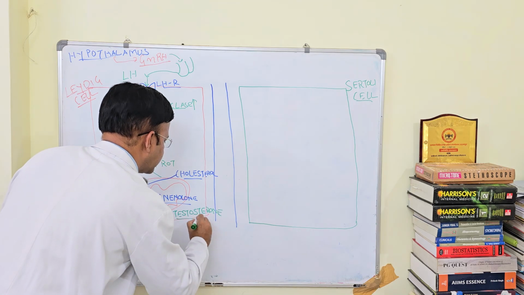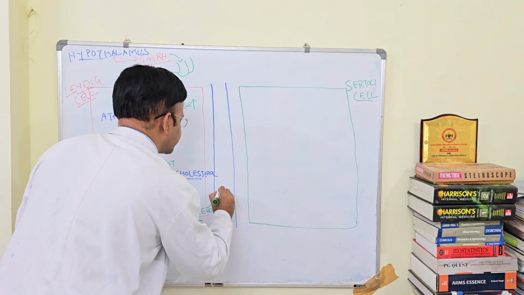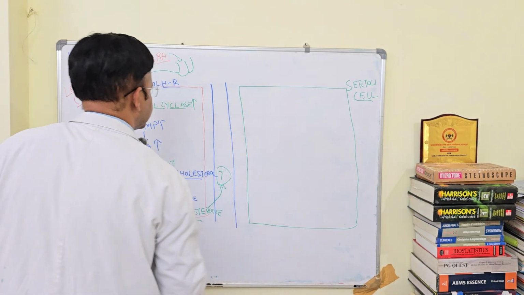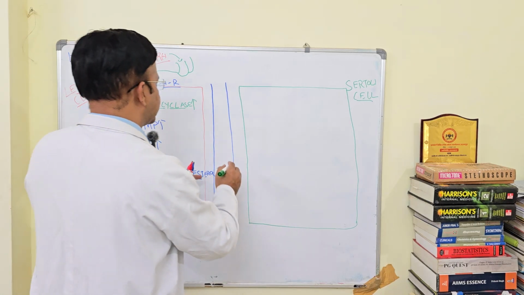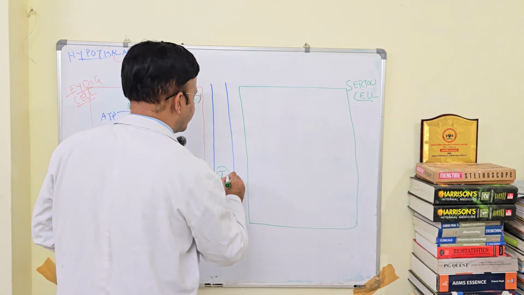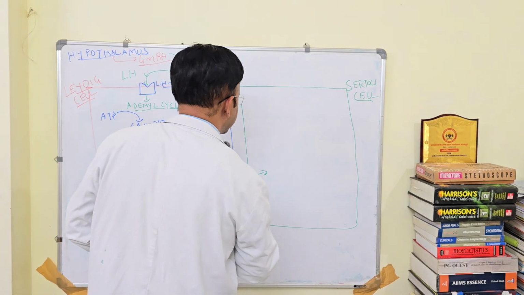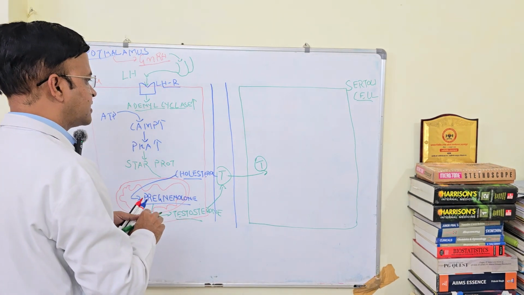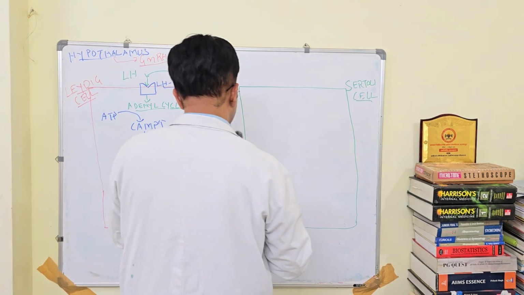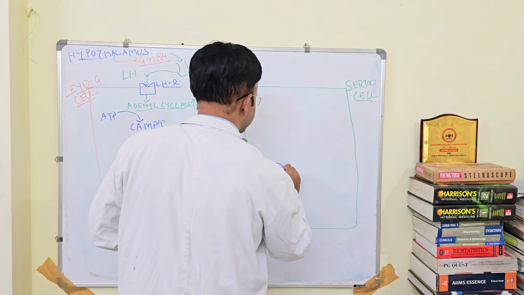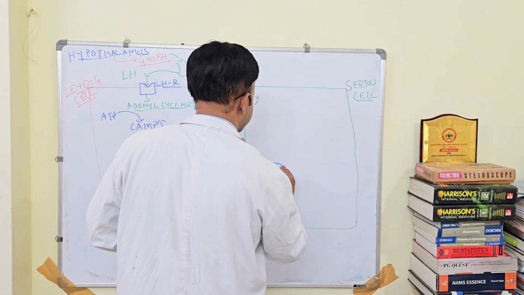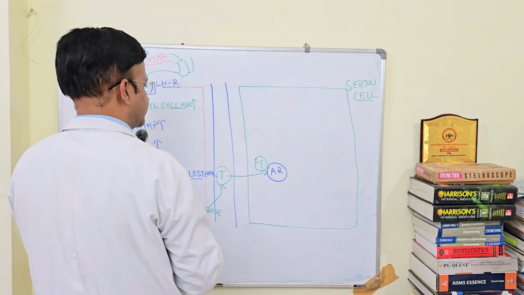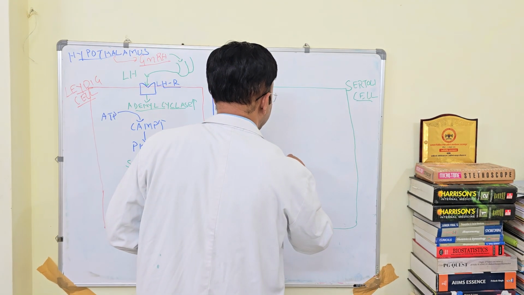This testosterone, written in short form as T, will reach your capillaries, and due to the high concentration over here, it is going to diffuse inside your Sertoli cells. Now this testosterone has reached the Sertoli cells, right? Over here, it is going to bind your androgen receptors, AR, right? And after binding the androgen receptors, it is going to act on the nucleus.